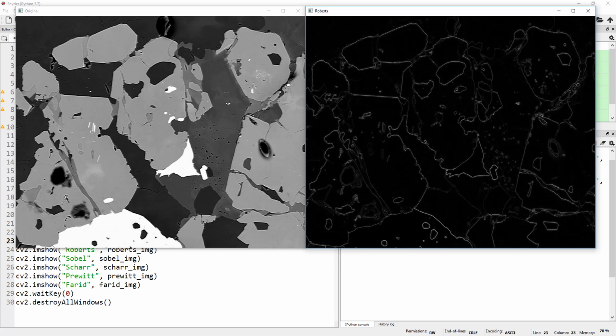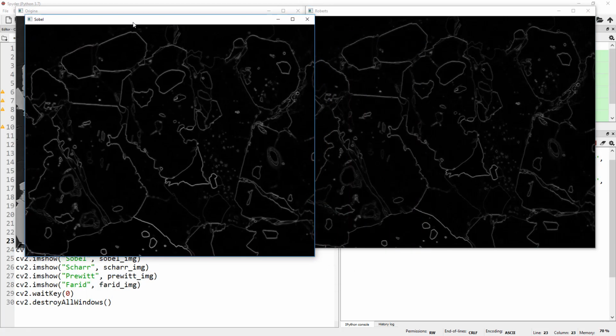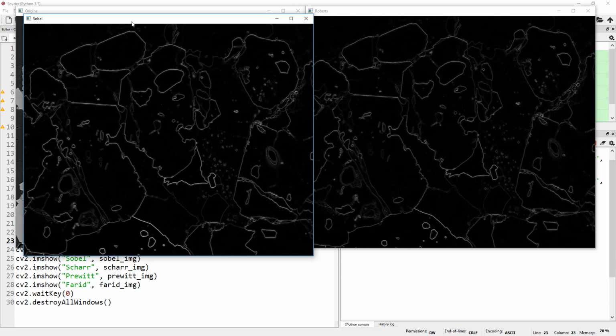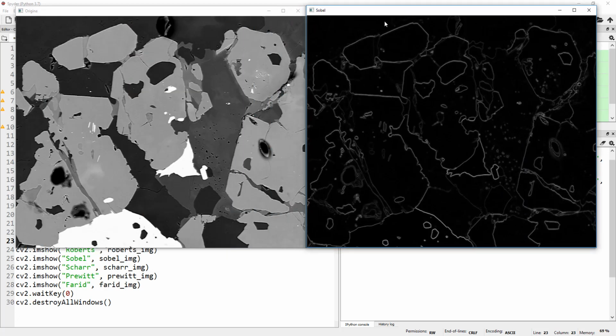This depends upon the direction, the orientation, and many other factors. And Sobel is right here. If you look at these two, they look almost identical. Because the implementation is fast either way, I always use Sobel.